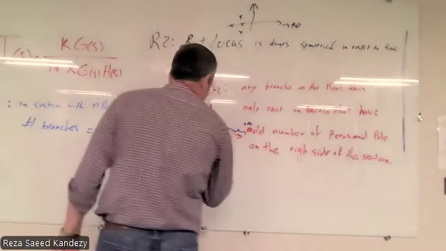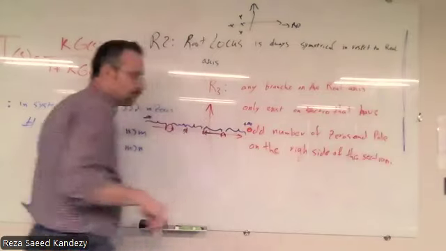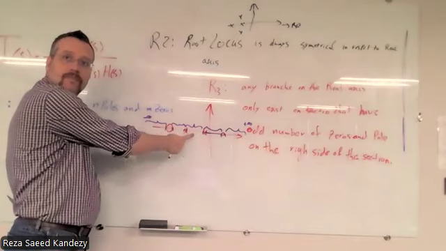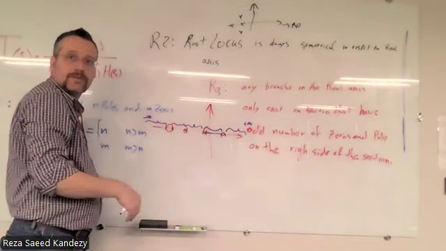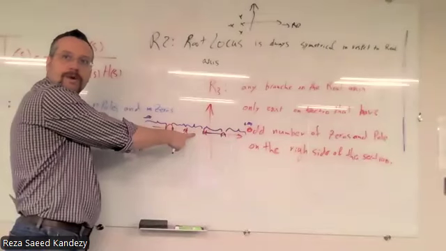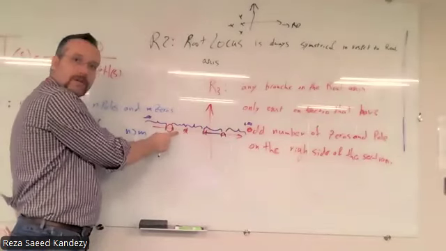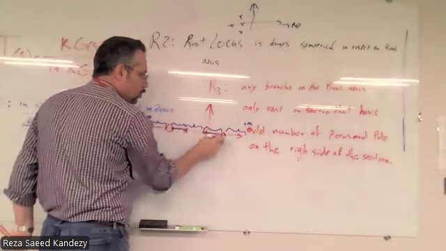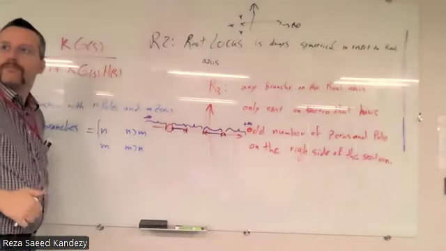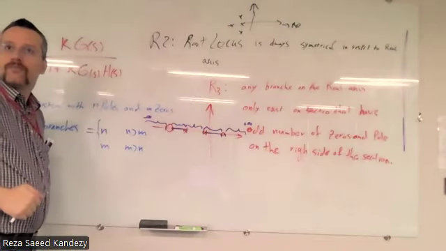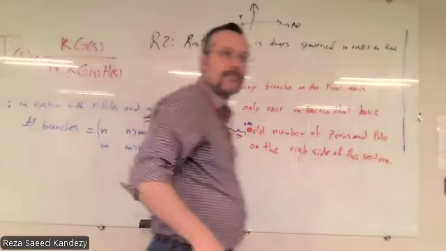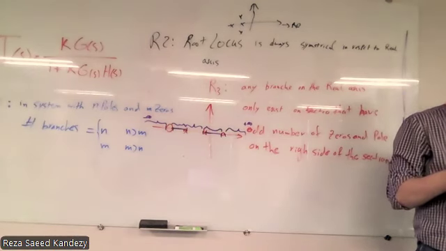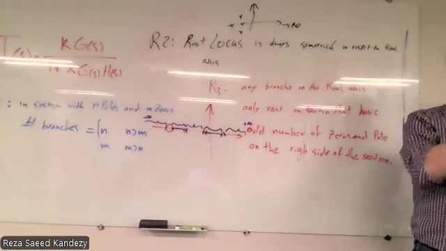That means there is going to be a branch here. This section has 2 poles and zeros, so there is not going to be a branch in this section. This one would also have a branch because we have 3 poles and zeros on the right. Is that clear what we mean by this rule? Are we good?